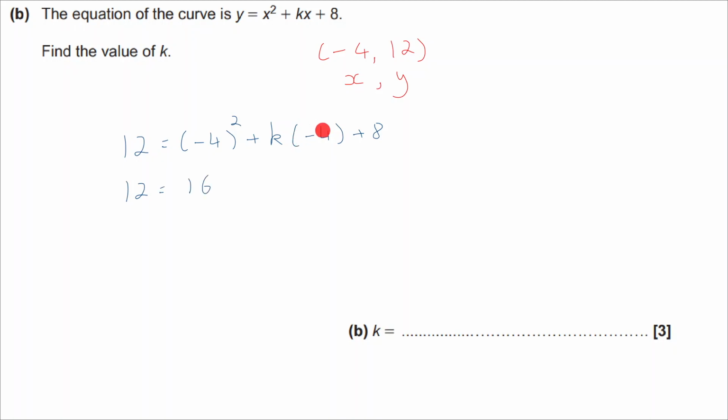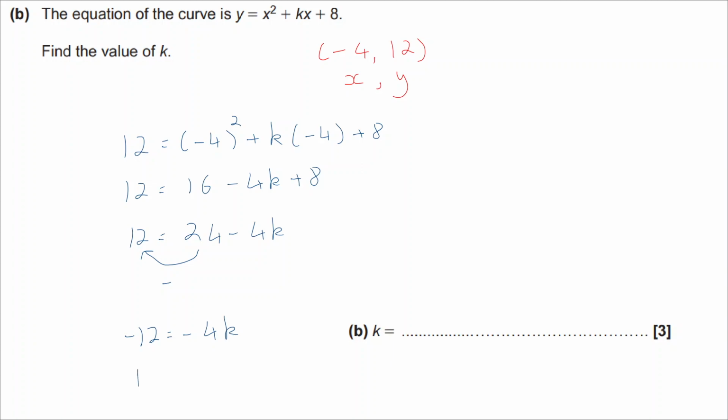This is going to go to minus 4k, so minus 4k plus 8. So 12 is equal to 16 plus 8, which gives you 24. So 24 minus 4k. Let's get the 24 over here by taking away 24. So you get 12 take away 24 is minus 12 is equal to minus 4k.